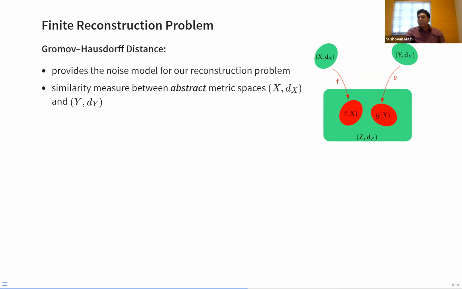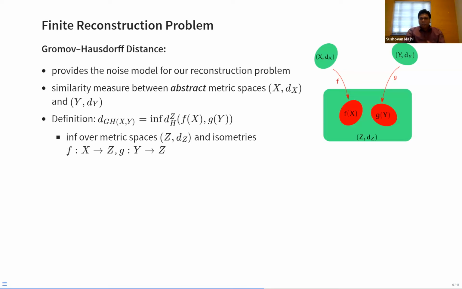Let's say we have two metric spaces, abstract X and Y, as you can see on the right in the picture. The definition tries to embed them isometrically in yet another metric space, called Z, and then takes the Hausdorff distance in that ambient space, and tries out different isometries and different ambient spaces Z, so as to get the best such embedding, right?